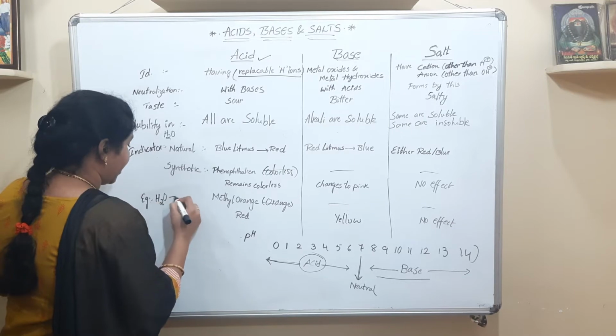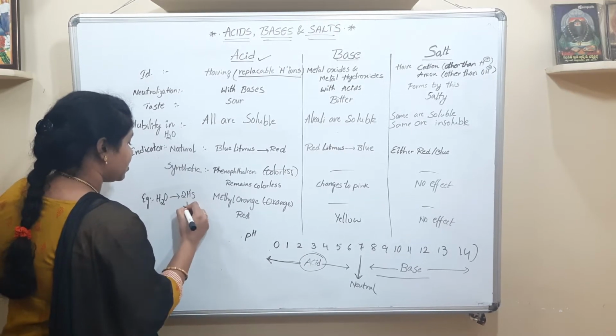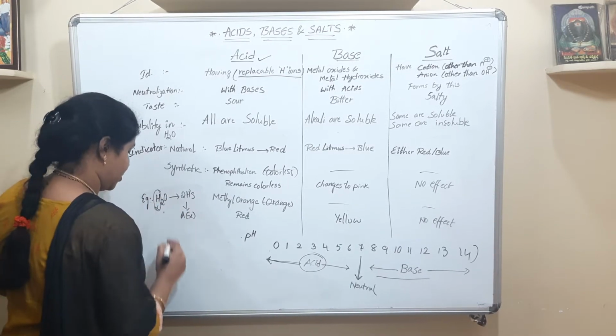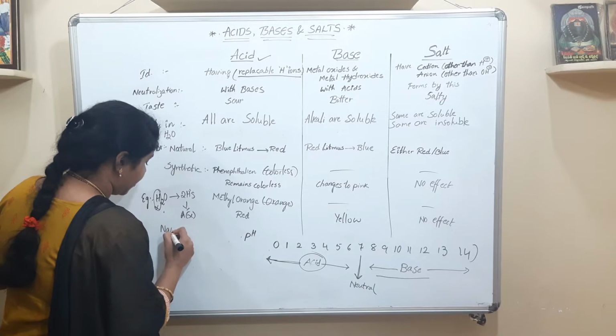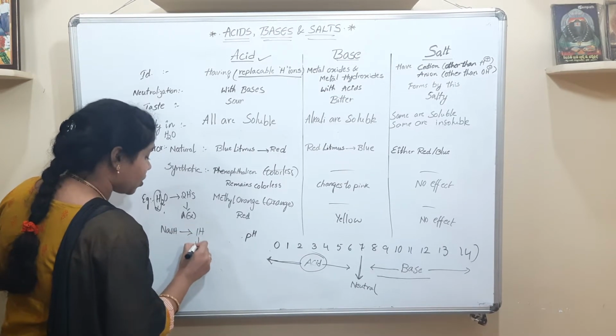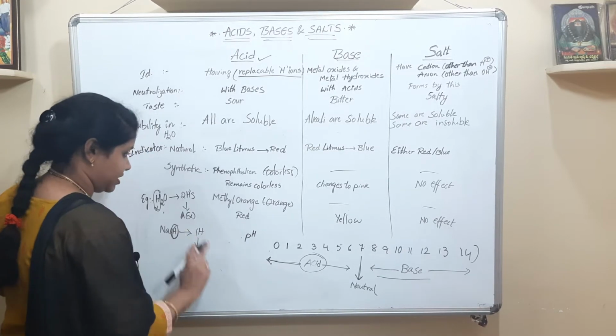Even though H2O consists of two hydrogens, it is not an acid compound because these two hydrogens are not replaceable. Another example is NaOH, which consists of one hydrogen. It is also not an acid because it is also not replaceable.